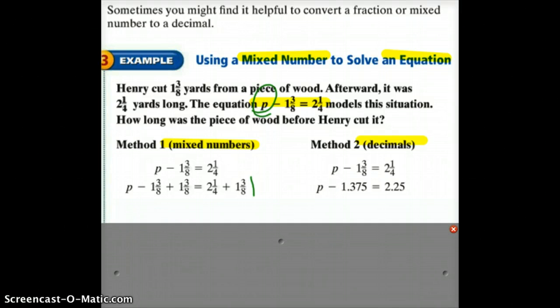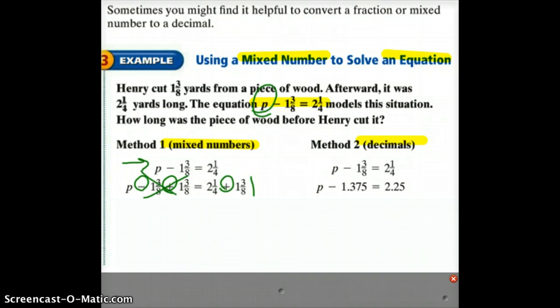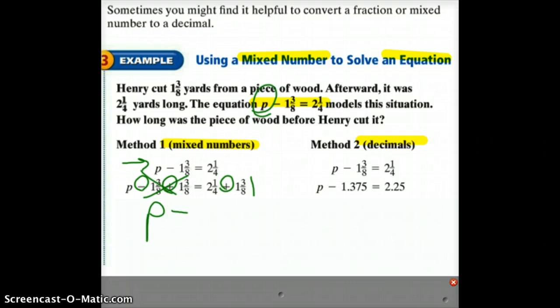So here, p minus 1 3/8. To undo the subtraction, we're going to add the 1 3/8 over here as well. So this cancels. I'm left with p equals 2 1/4 plus 1 3/8.